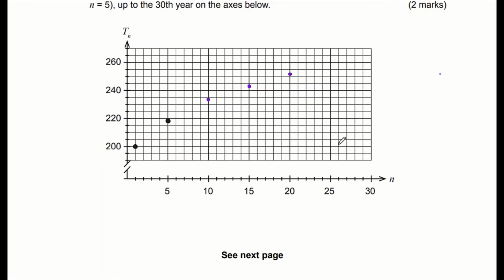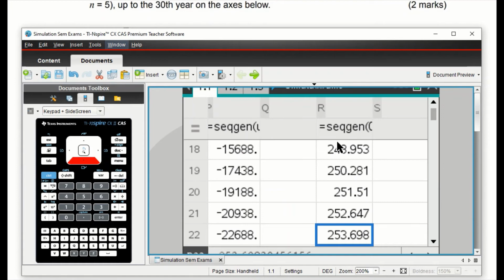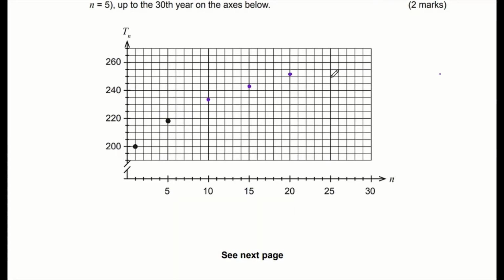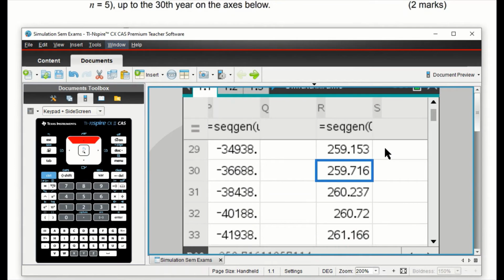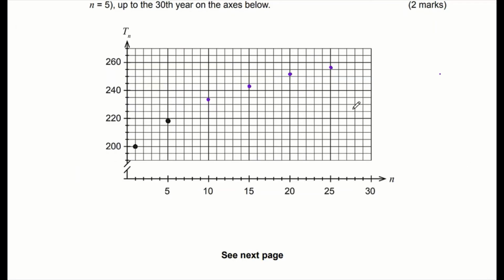Then when we move on to the 25th term, 25th is 256, here. Then the last one, the 30th, we have around 260.